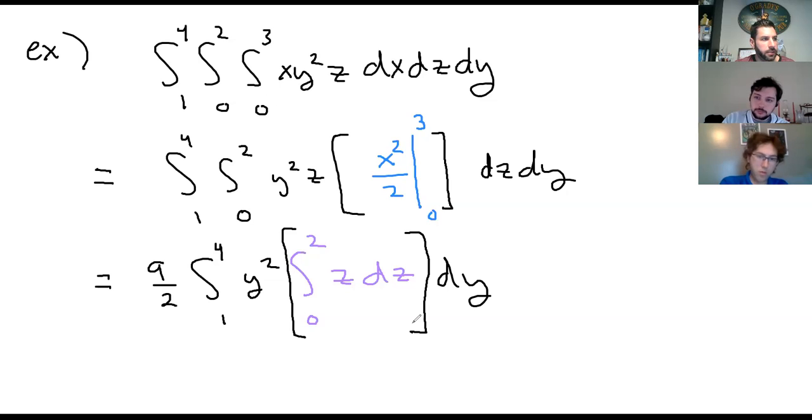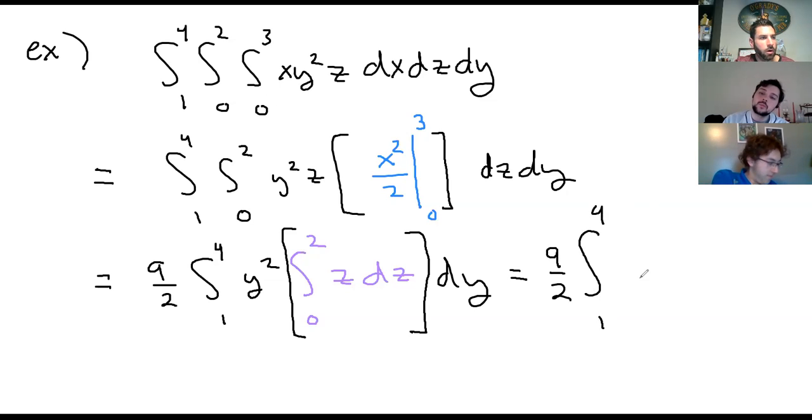Okay, when you integrate z, this becomes z squared over 2. Then when I plug the bounds in, I'm going to have 9/2, and this is the integral from 1 to 4.